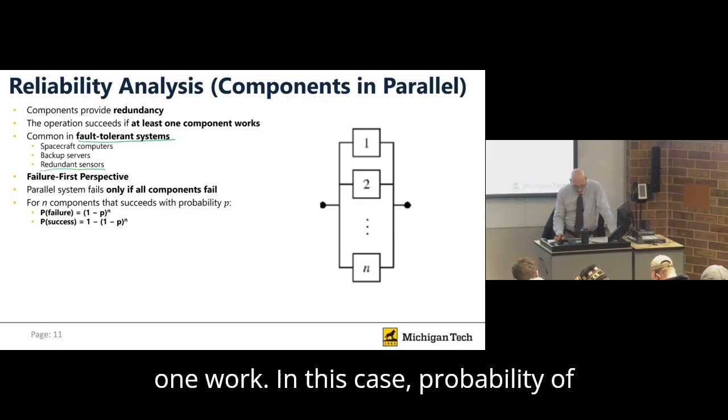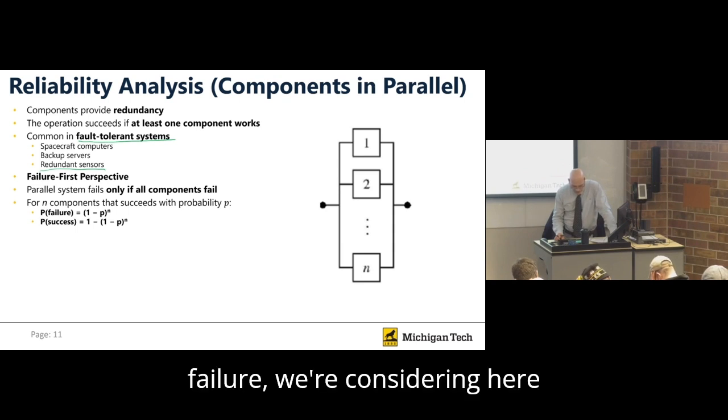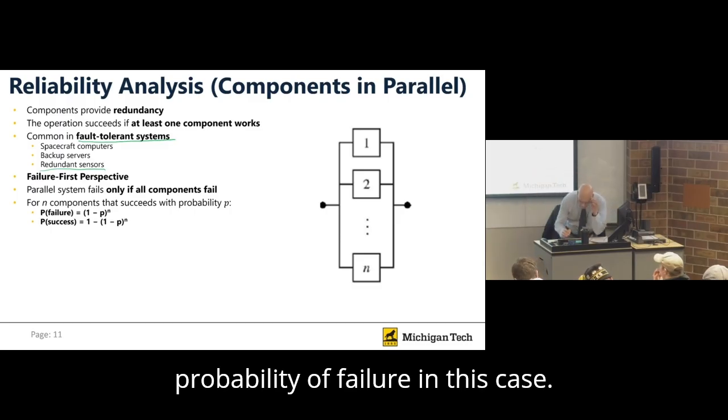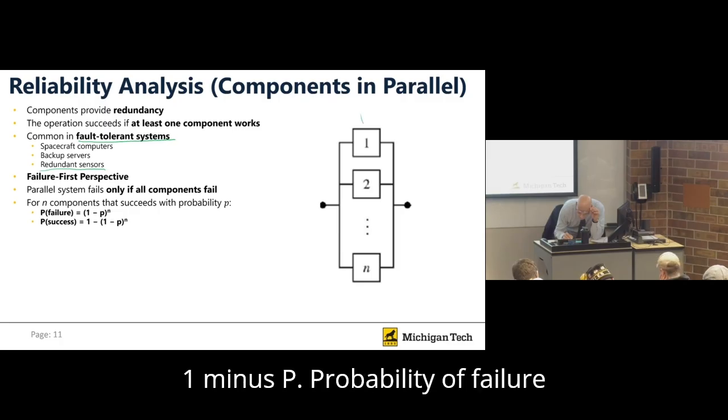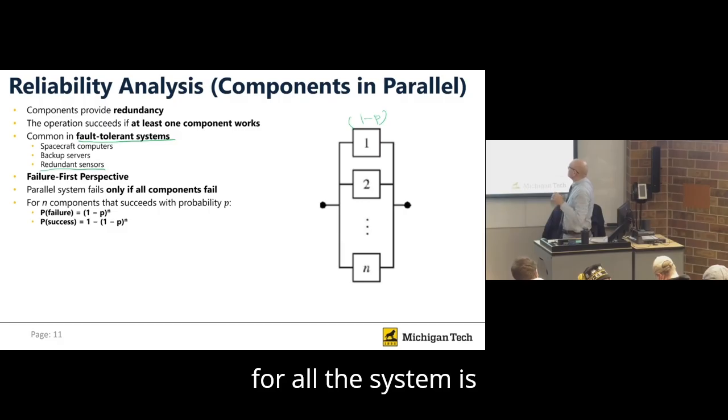In this case, we're considering the probability of failure. The probability of failure for each one is 1 minus P. The probability of failure for the whole system is (1 minus P) power n.